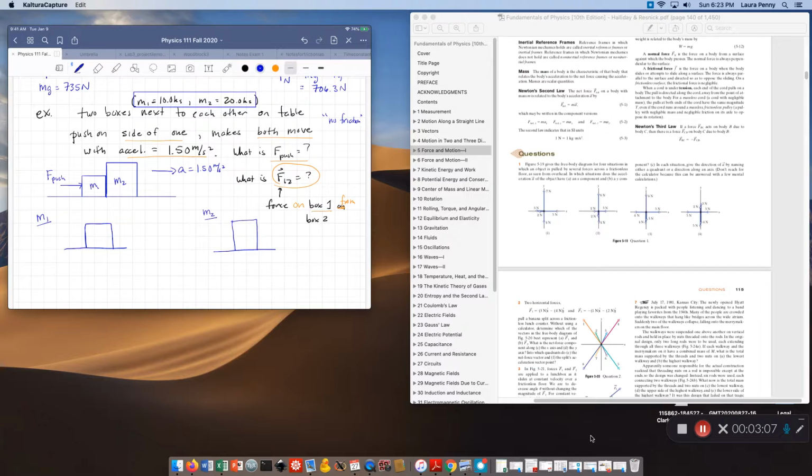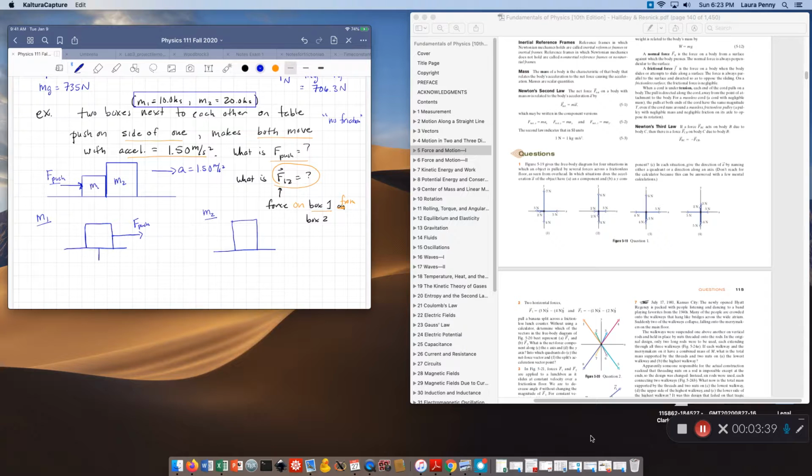Mass 1 actually has the pushing force. And although it's pushing and touching the left side of this, I'm going to draw that force coming out of the right side. When I draw my forces, I want the tail of the force to touch the box, not the tip of the force. This will make things cleaner in my diagrams.